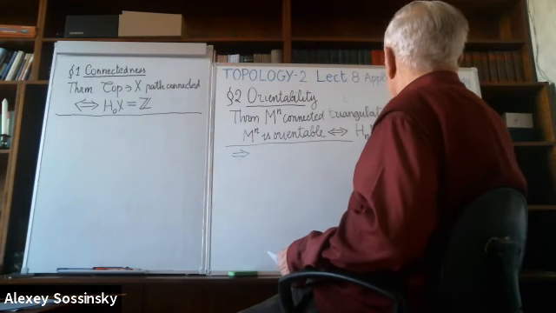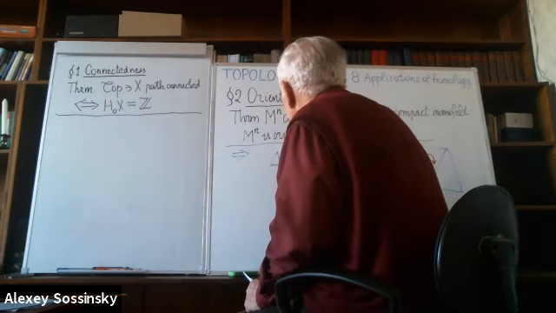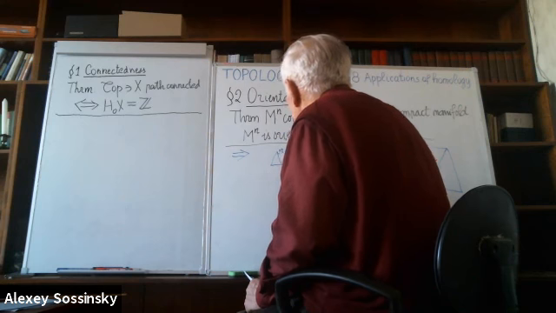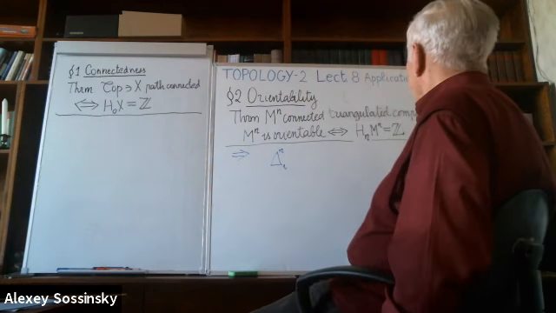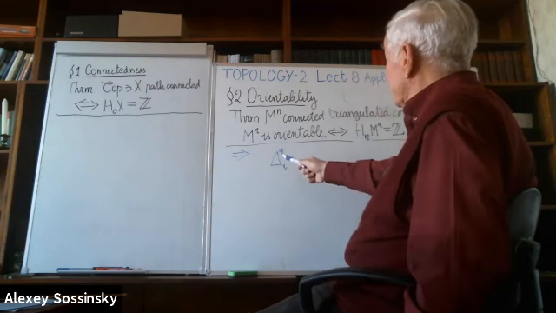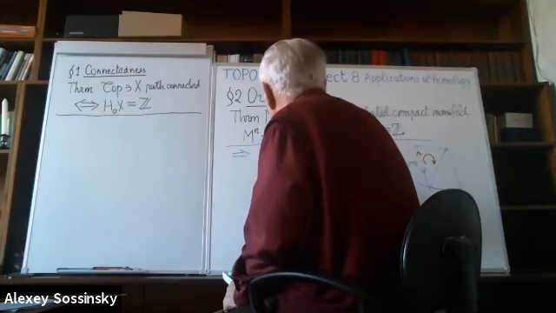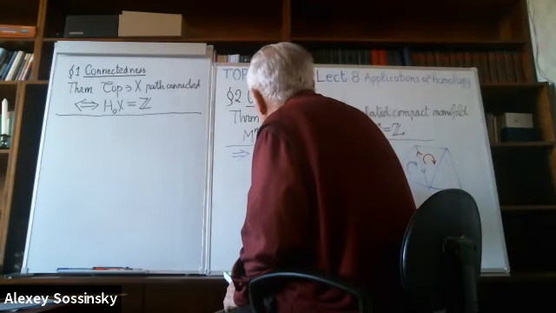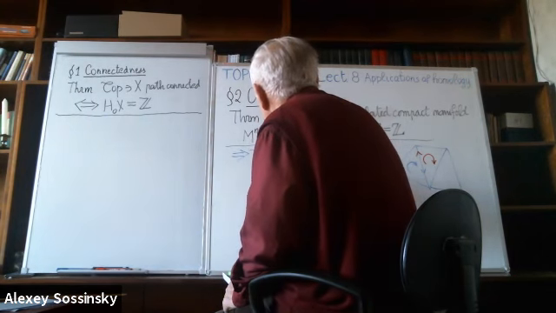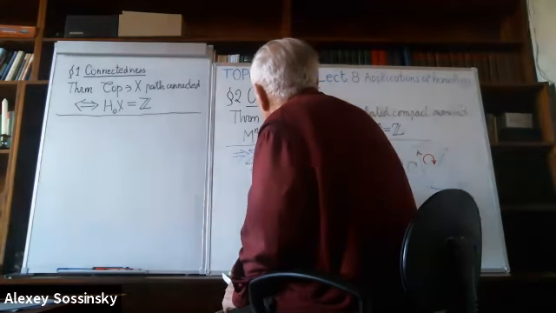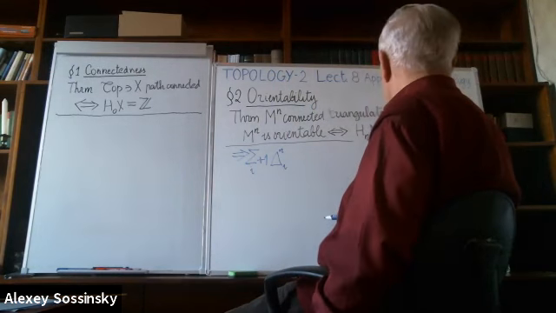Now let us look at the following chain. Denote by delta n i the oriented simplices of my manifold. The manifold is compact, so their number is finite. And let us consider the following chain: the sum over i of delta n i multiplied by +1.